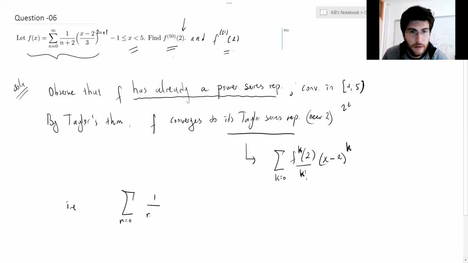Let me write it down: (x - 2) to the 2n plus 1 divided by 2n plus 1 and 3 to the 2n plus 1 is equal to f of x, and this f now converges.